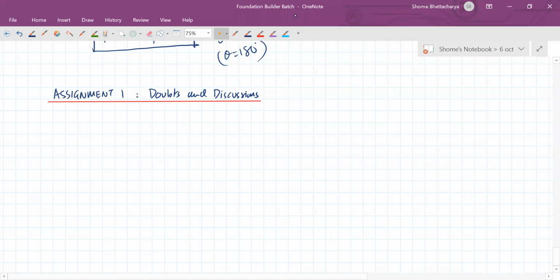Right, so let us start with question number 3 then. I don't think anybody has a doubt in the first two questions. So we will discuss question number 3, then 5, 6, etc. So let's start with question 3.